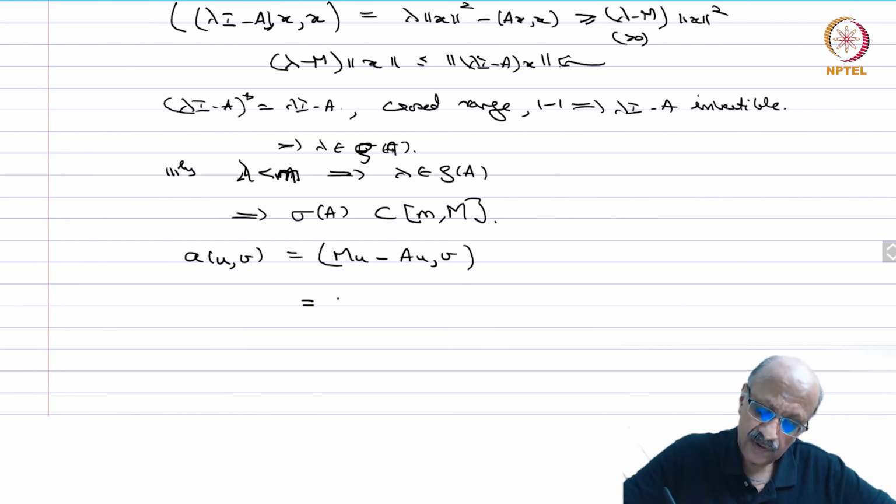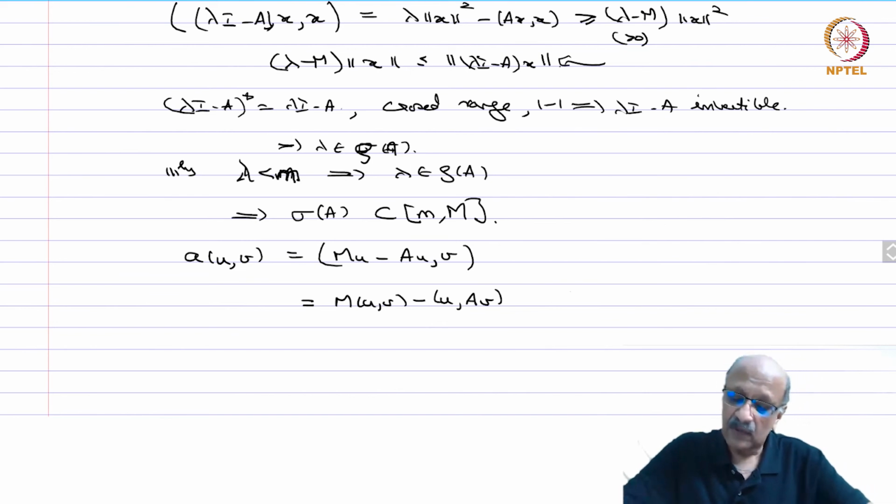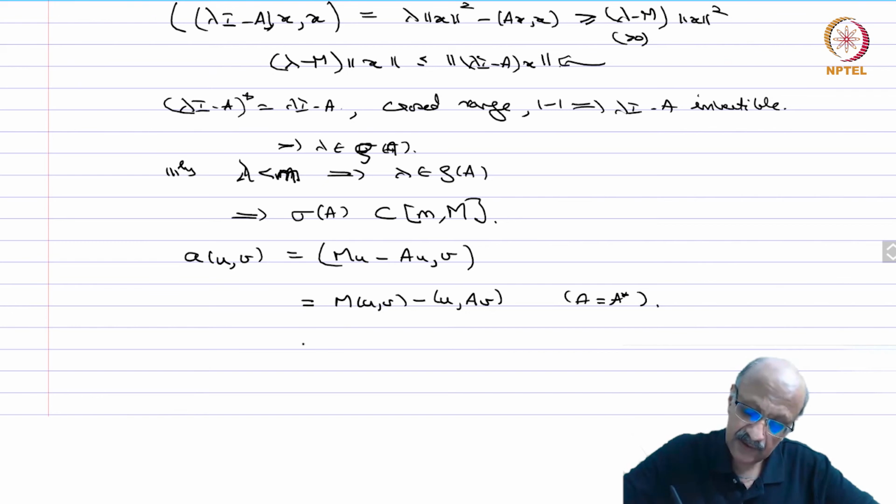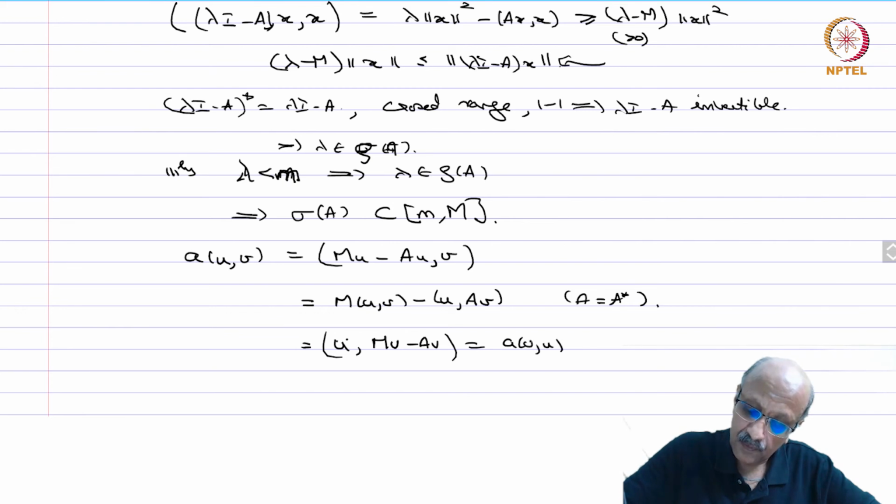This is equal to M times (u, v) minus (Au, v), which is (u, Av) since A equals A star, and this is equal to (u, (MI minus A)v), which is equal to [v, u] conjugate.